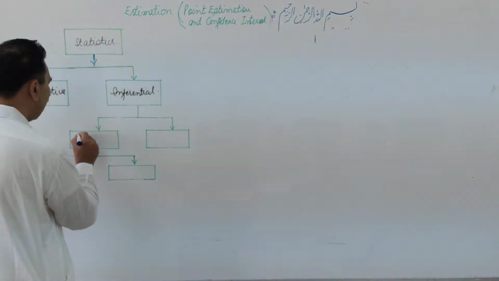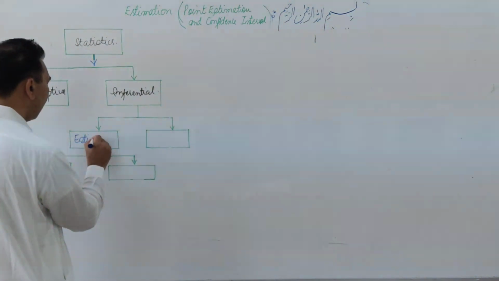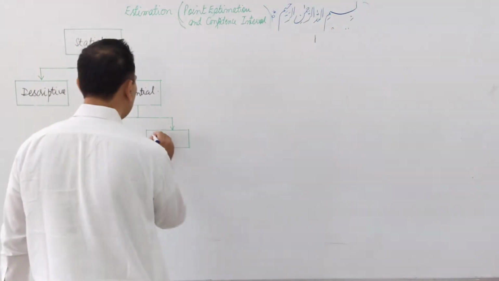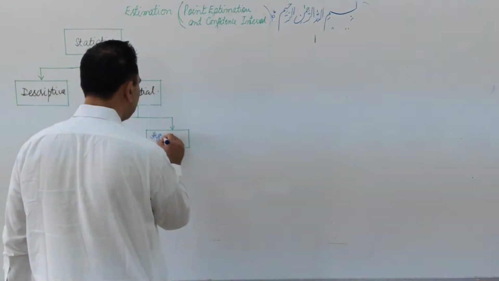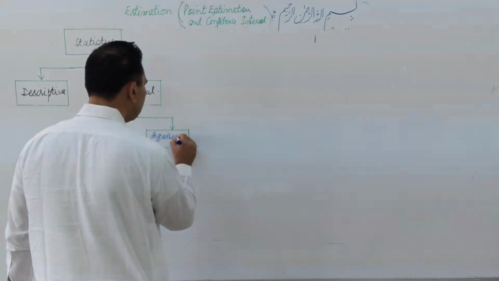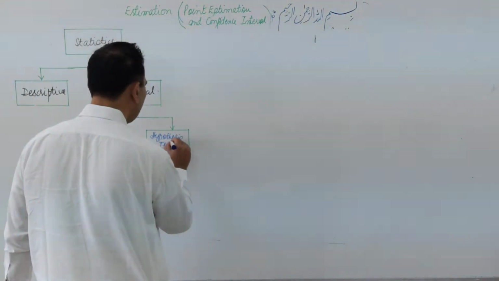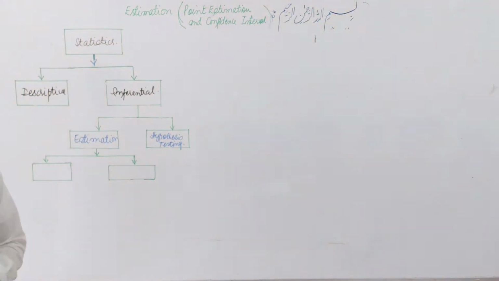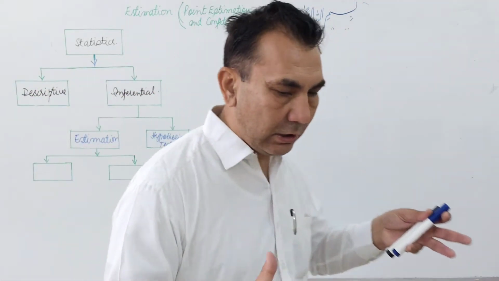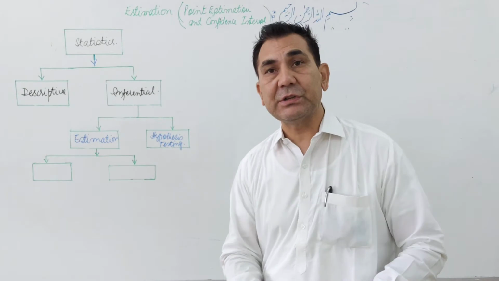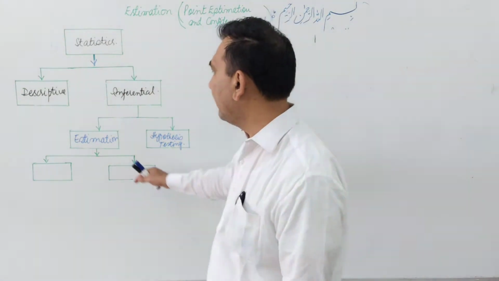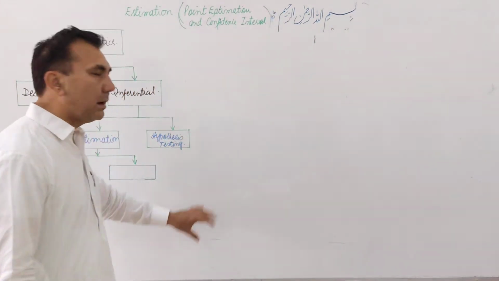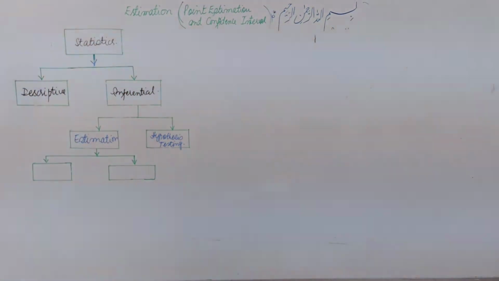The one is called estimation and the second one is called hypothesis testing. The inferential statistics is further divided into the two main types: estimation and hypothesis testing.